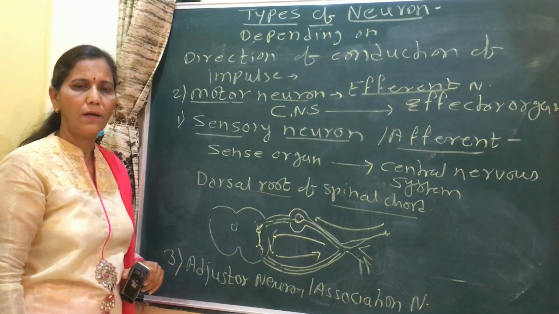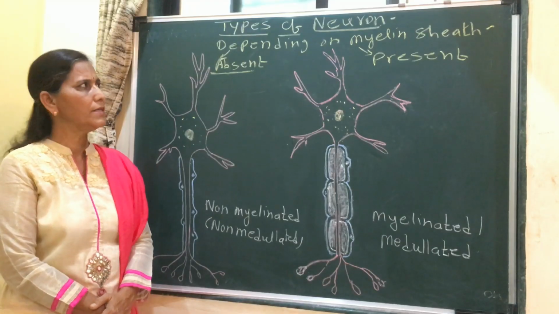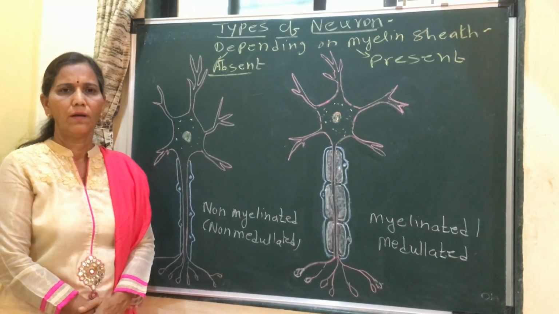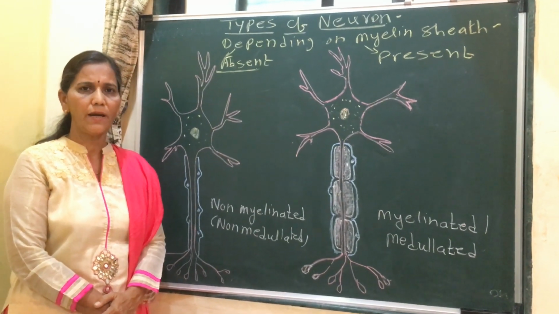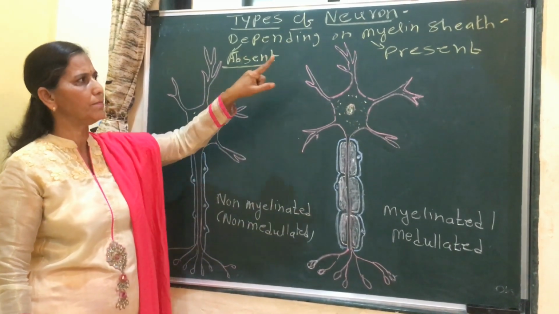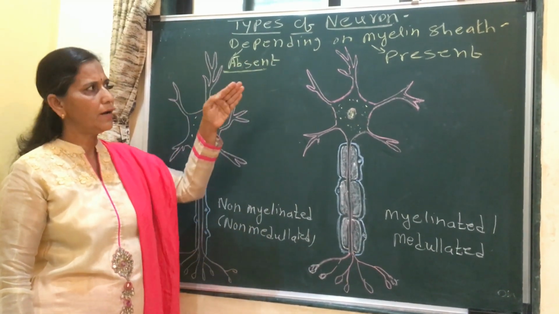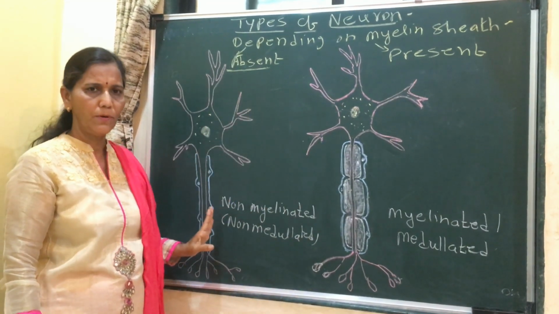Next, types of neuron depending upon the number of processes. Let's see the types of neuron. Different criteria are used for classification of neuron. The first criterion is the presence or absence of the myelin sheath. Depending upon whether the myelin sheath is present or absent, two types of neuron are there.